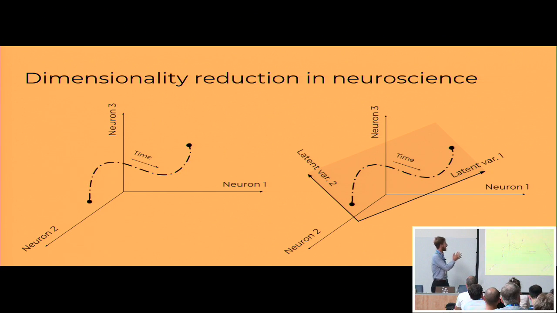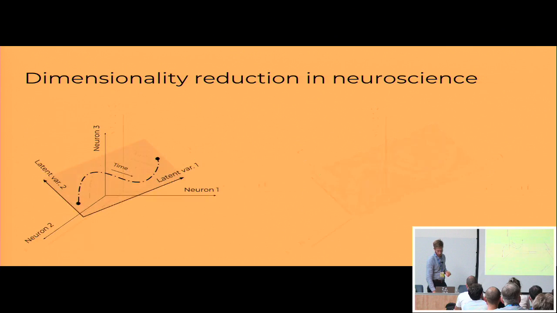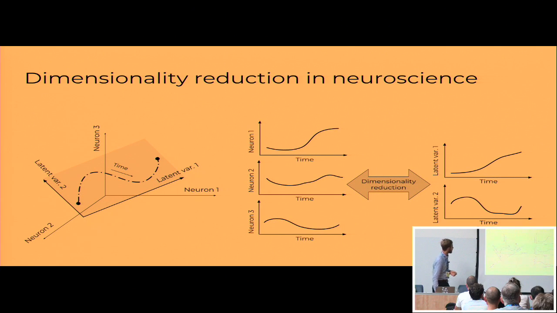And so we can identify the latent variables that span this space, and this allows us to go from a high dimensional description where we have all these neurons to a lower dimensional description with only these latent variables, which capture patterns of coordinated activity expressed by these neurons.